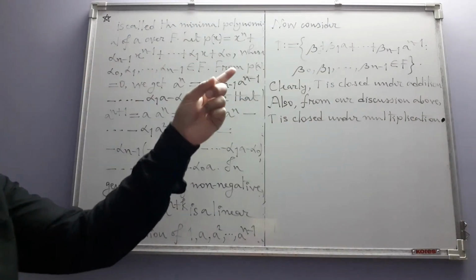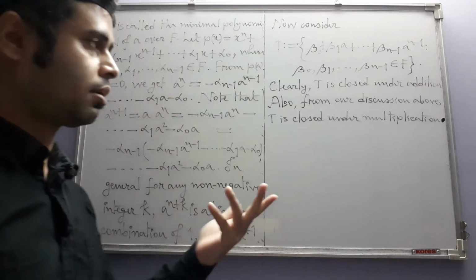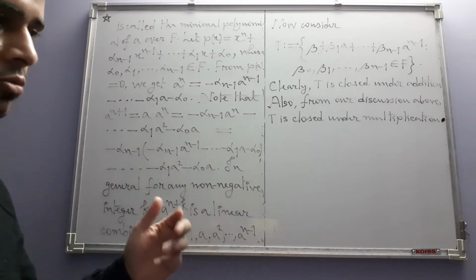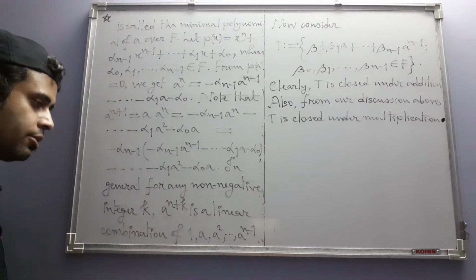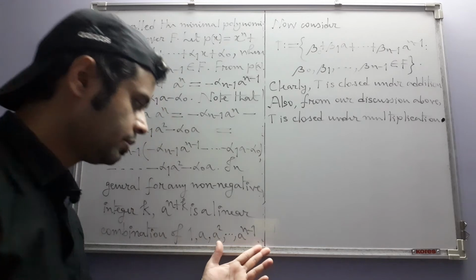You multiply any two such elements, you get a linear combination of powers of A. In such a linear combination, if you get a power like A to the power n plus k, where k is a non-negative integer, that itself becomes a linear combination of these.